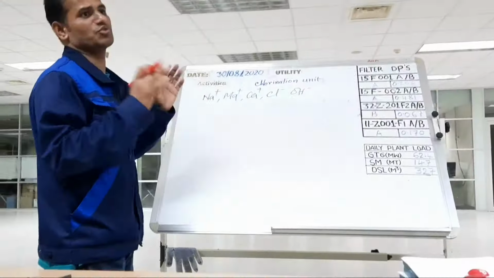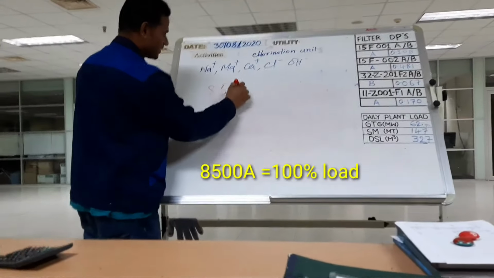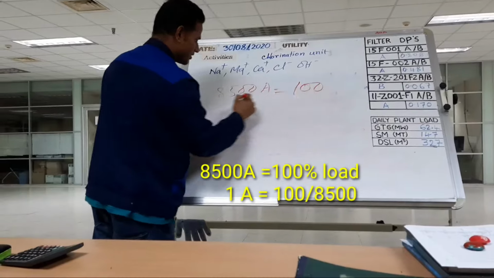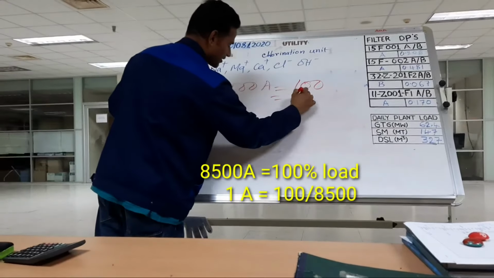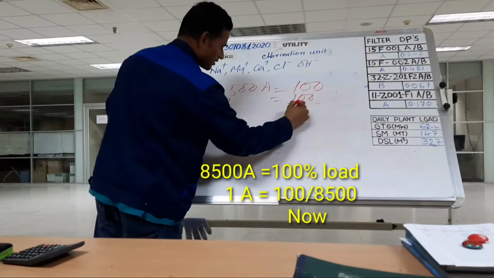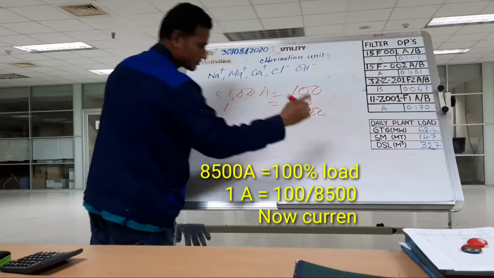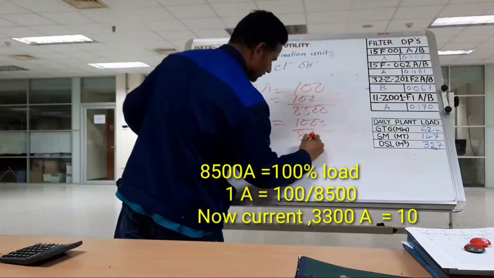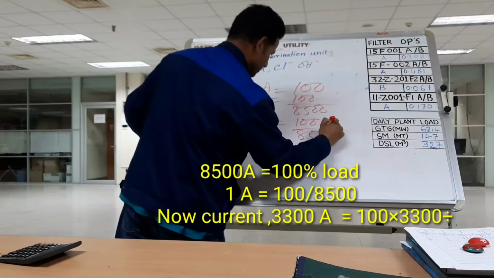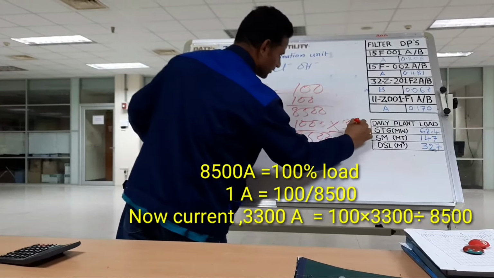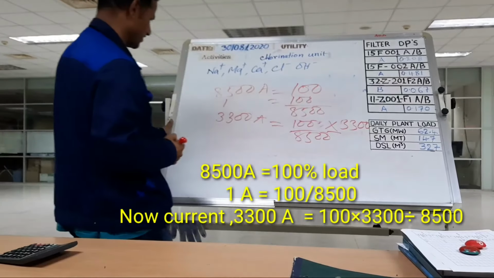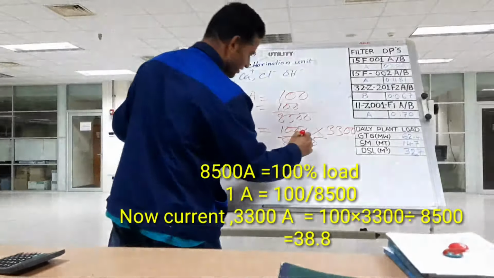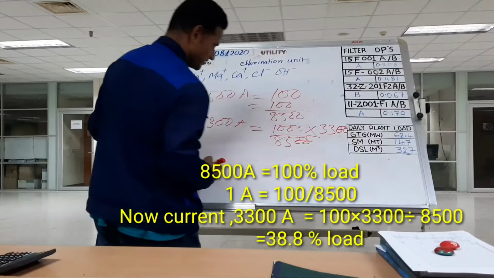The 100% load current is 8,500 ampere. Our plant's current now is 3,300. So 1% is 85 ampere, and the zeros cancel.